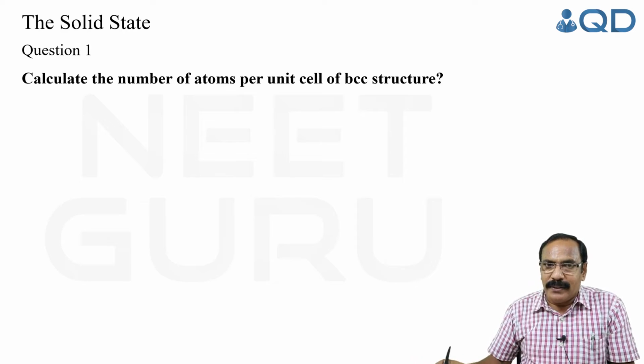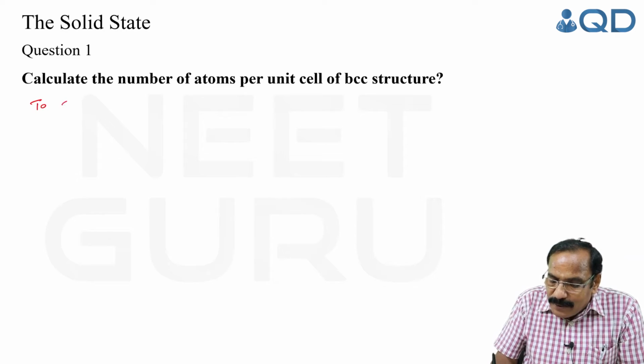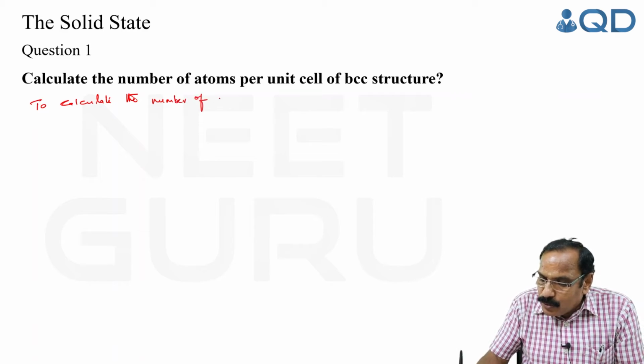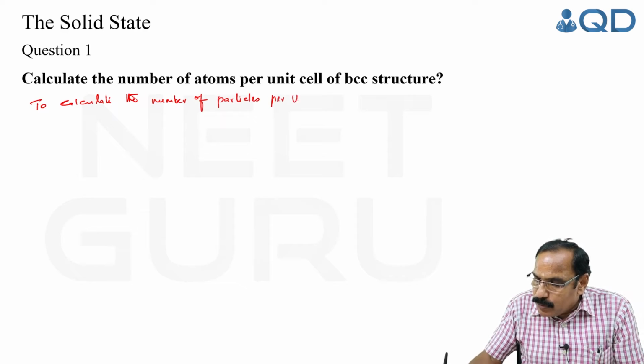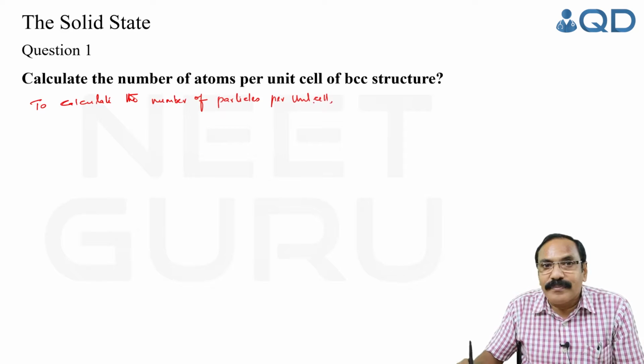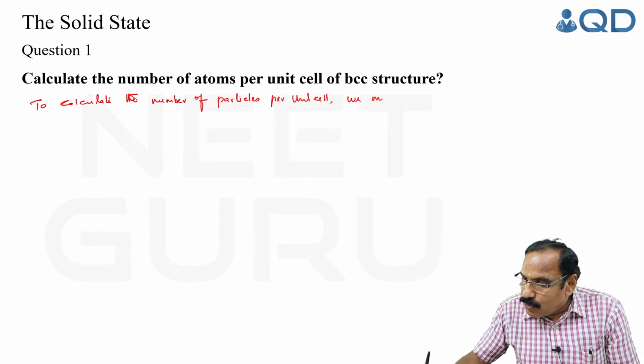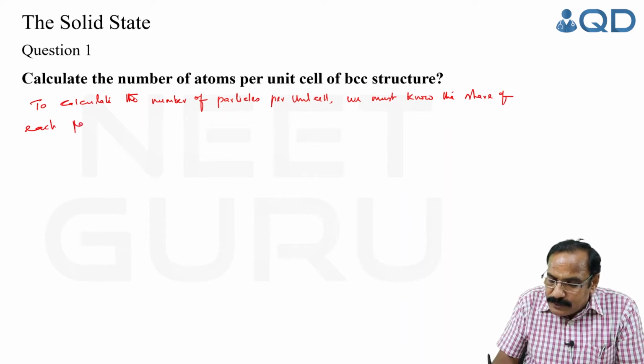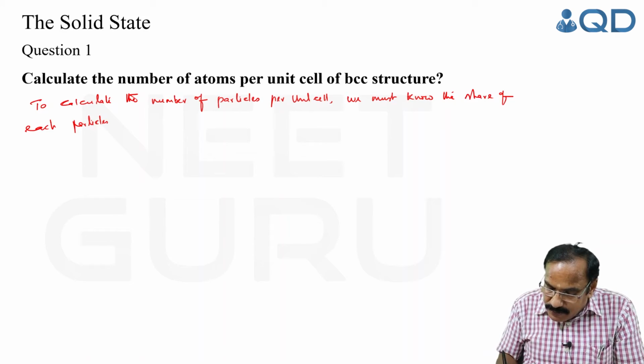That is important. So, to calculate the number of particles per unit cell, we must know the share of each particle, or contribution, you can say.